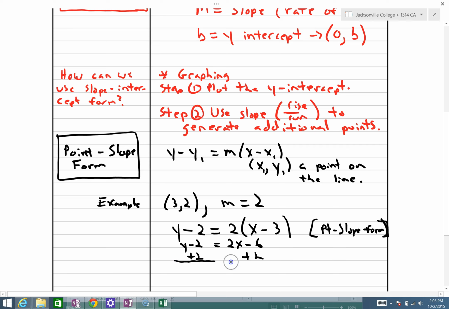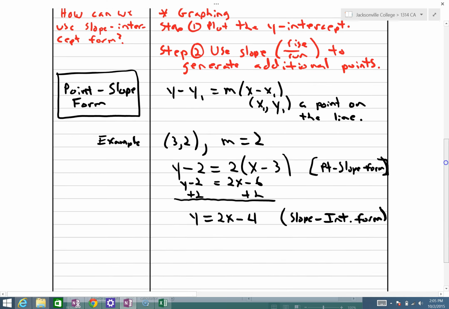That cancels, leaving y. 2x remains the same. Negative 6 plus 2 is negative 4. This is slope-intercept form. So you can see when they say slope-intercept form, essentially they're saying solve for y.